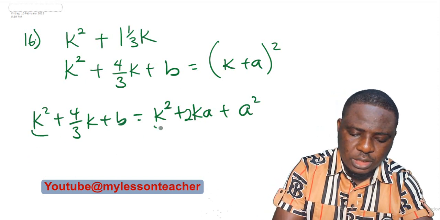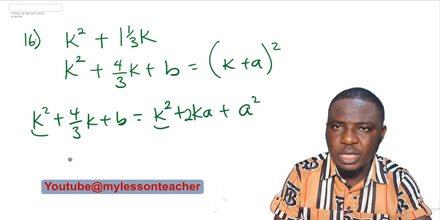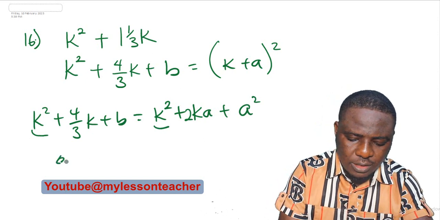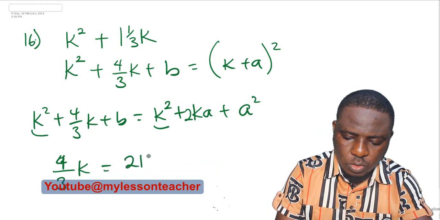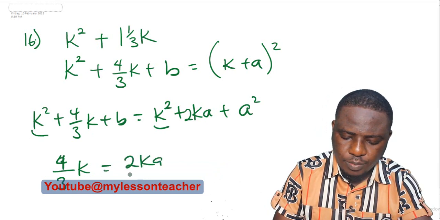Okay, so by comparing coefficients, the first term is said to be equal. Then you have it that 4 over 3k is equals to 2ka.